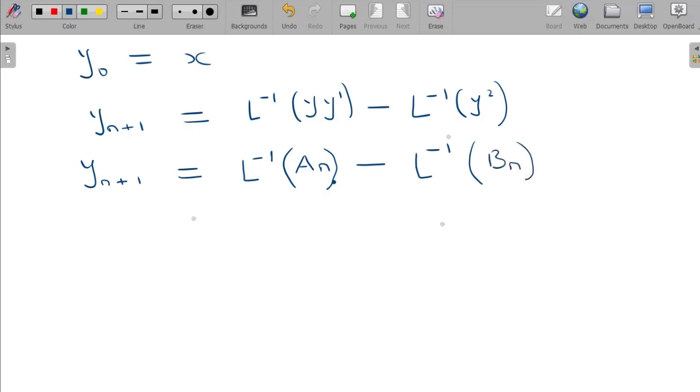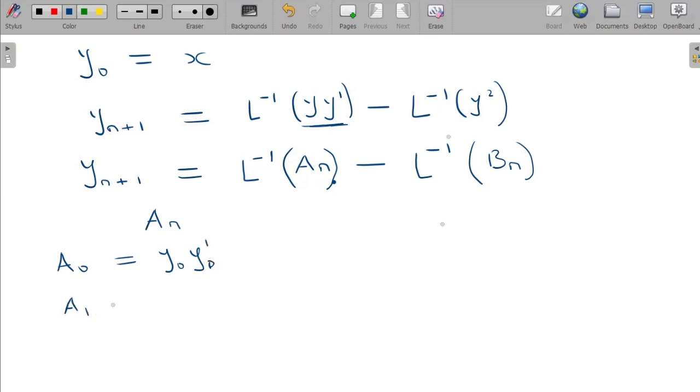In one of our previous videos, we explained how the Adomian polynomials can be obtained. For the nonlinear term represented as A n, when n is 0, this can be written as y naught y naught prime.